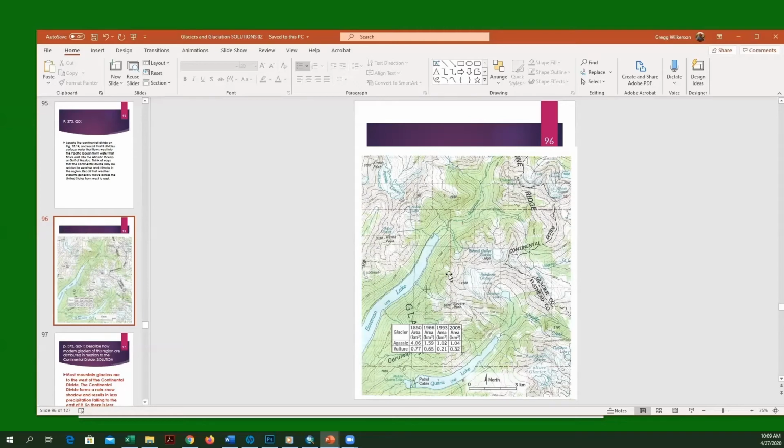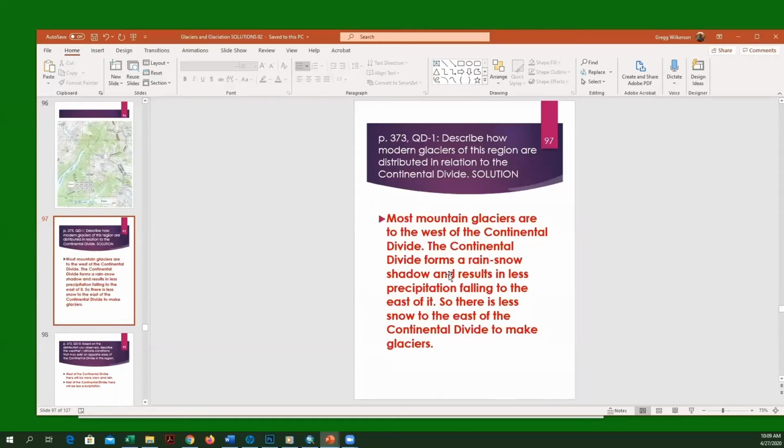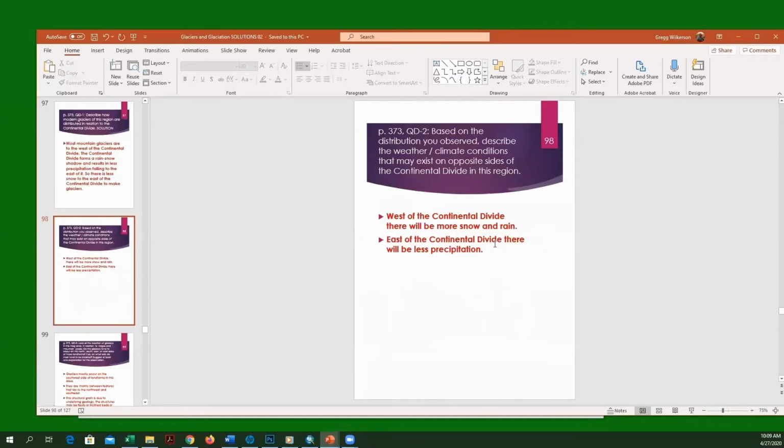So, at any rate, the reason that there are more glacial features on the west side of the Continental Divide is because that's where most of the snow is. Make sense? So west of the Continental Divide will be more snow, east it will be less. That's your solution to question D on page 273.